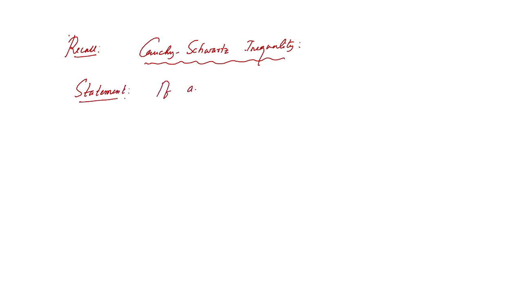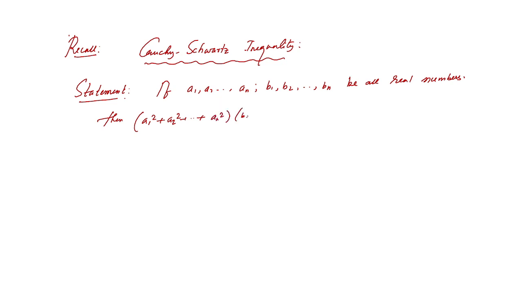The statement is: if a1, a2, dot dot an and b1, b2, dot dot bn are all real numbers, then a1 square plus a2 square plus dot dot an square, multiplied by b1 square plus b2 square plus dot dot bn square, is greater than or equal to a1 b1 plus a2 b2 plus dot dot an bn, that whole square. Now the question is when equality occurs.